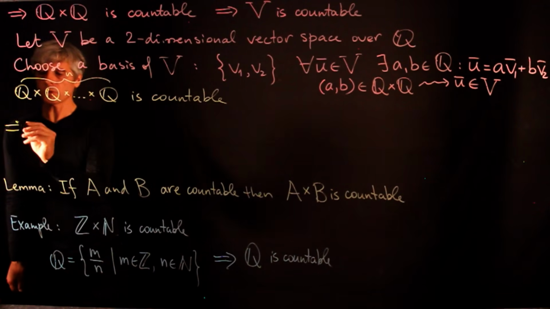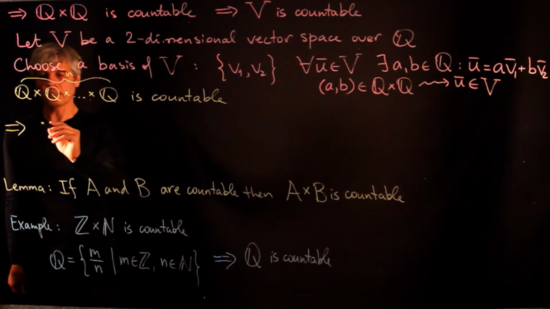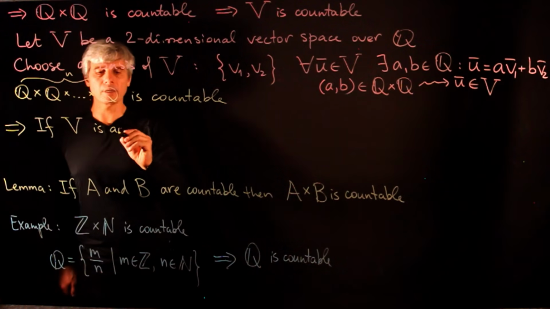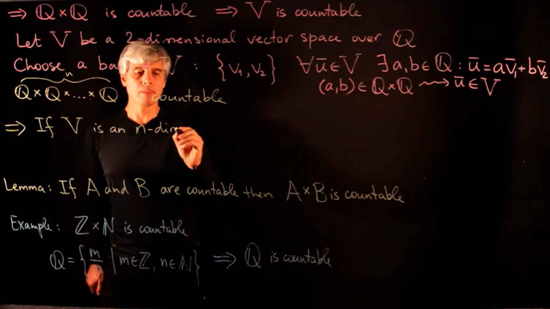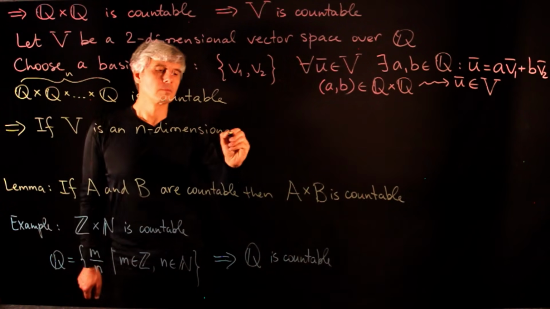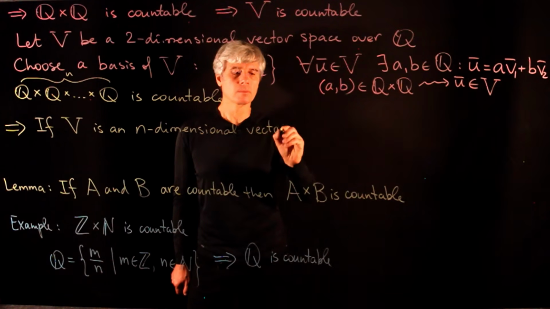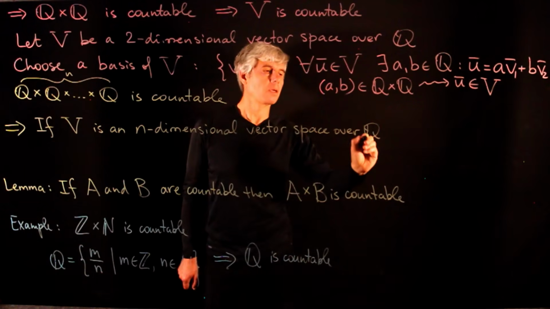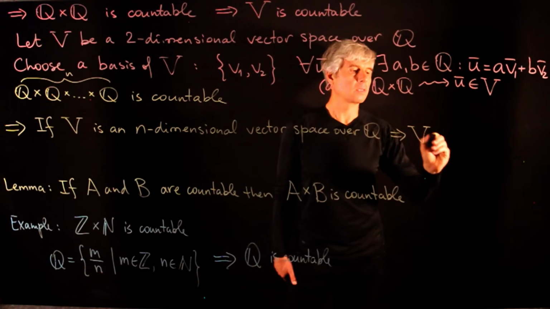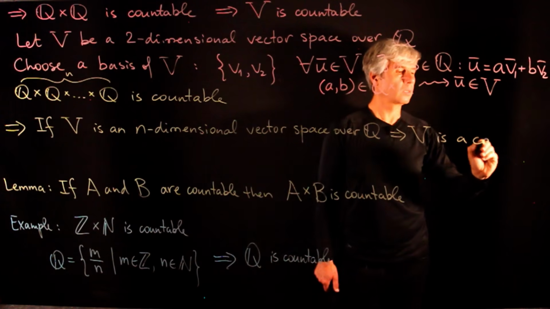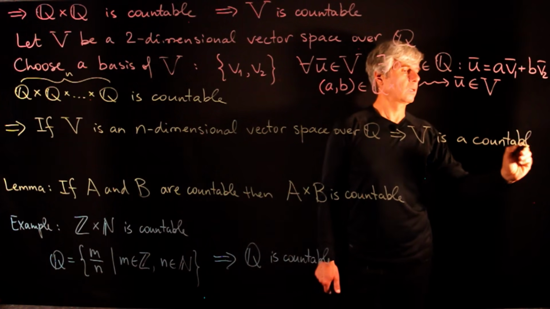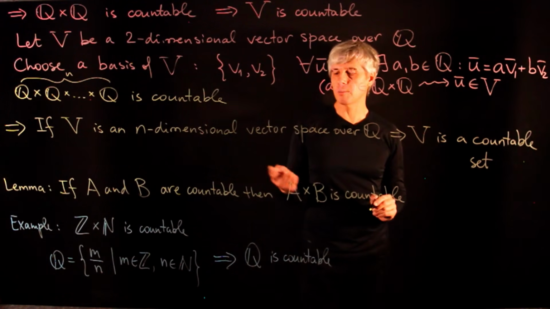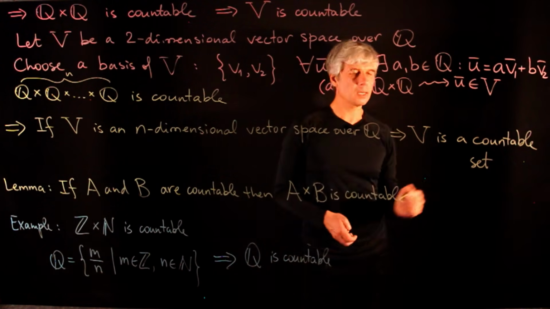As a conclusion, we get the following fact: if V is an n-dimensional vector space over Q, this implies that V is a countable set. So in other words, any finite dimensional vector space over Q is a countable set.